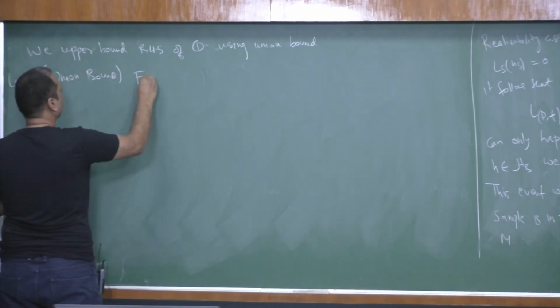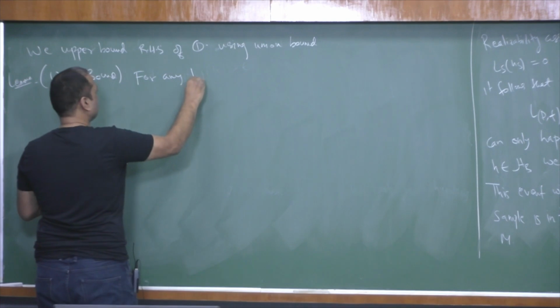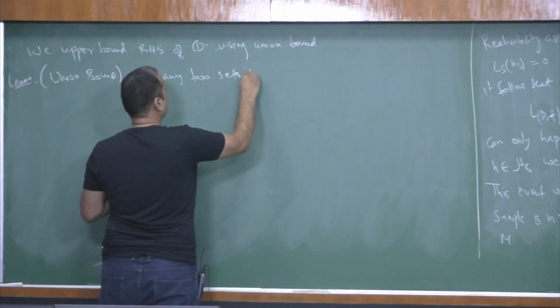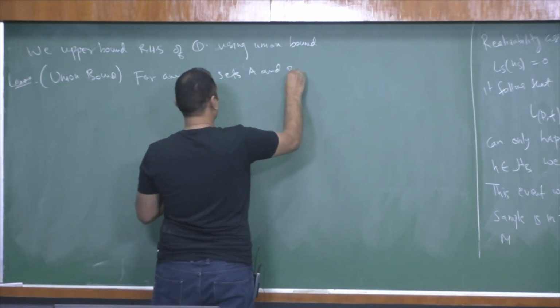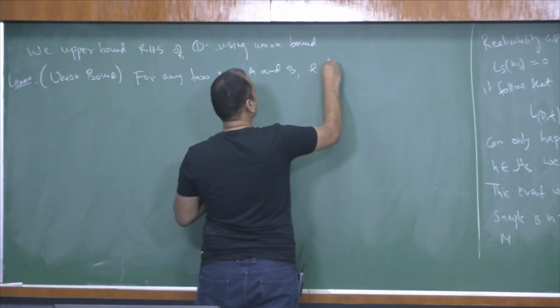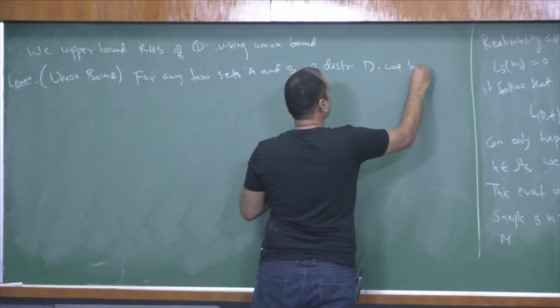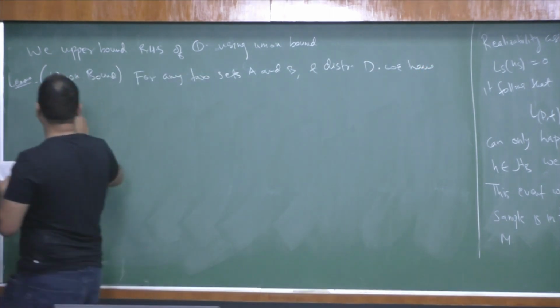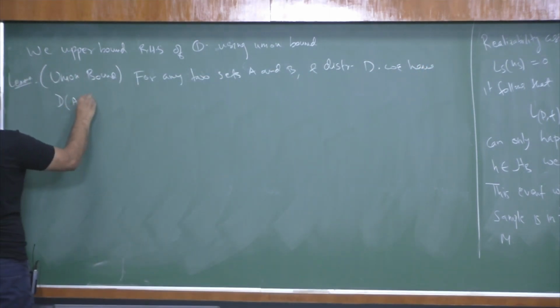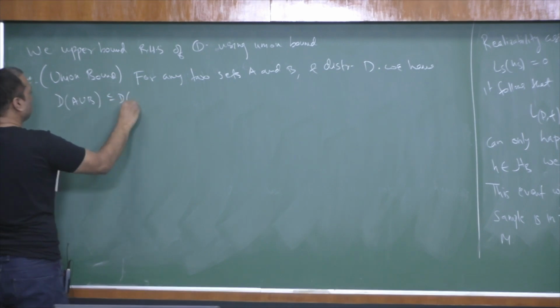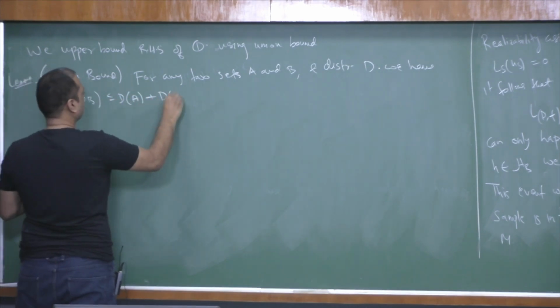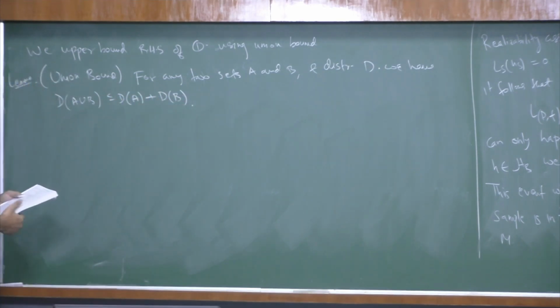For any two sets A and B and distribution D, we have D of A union B is less than or equal to D of A plus D of B. D here means P, probability. So probability of A union B is less than or equal to probability of A plus probability of B.